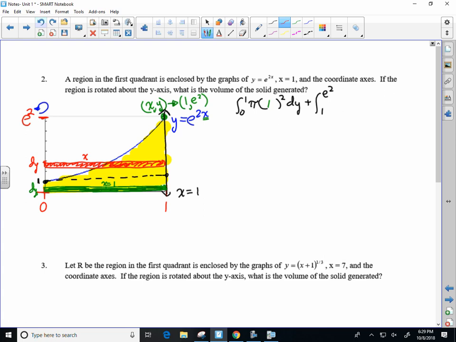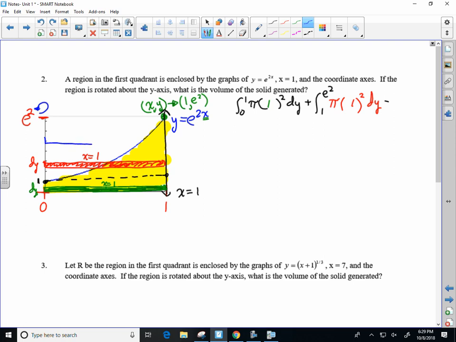So a pi r squared dy. Now that r is the x length of that rectangle, and that length itself is equal to 1.